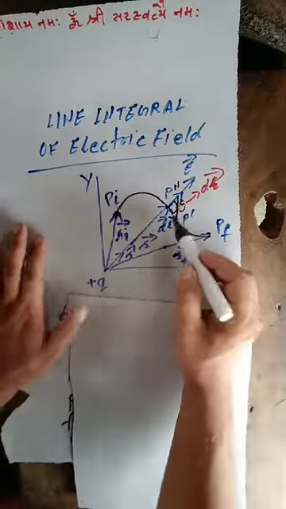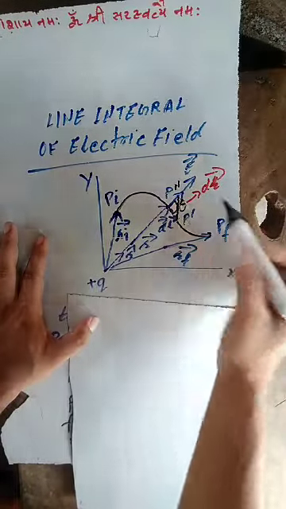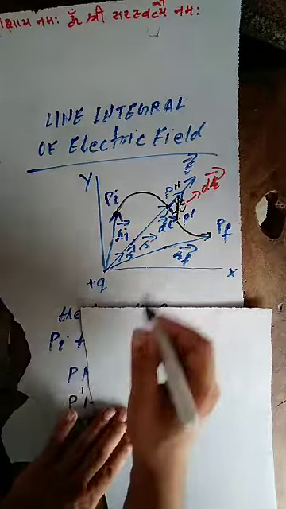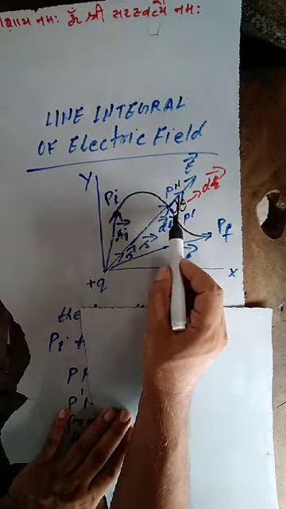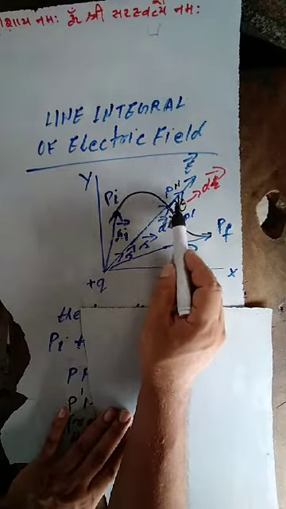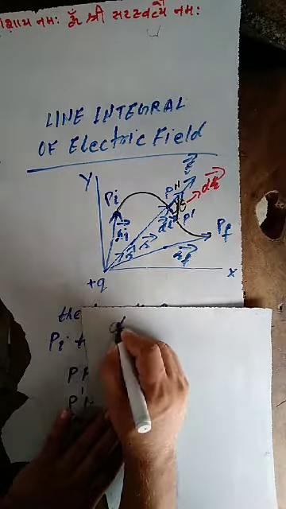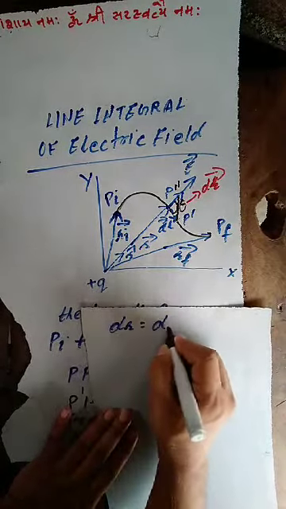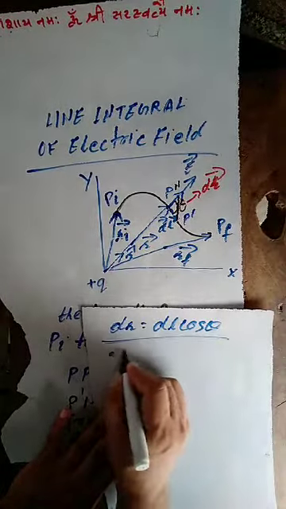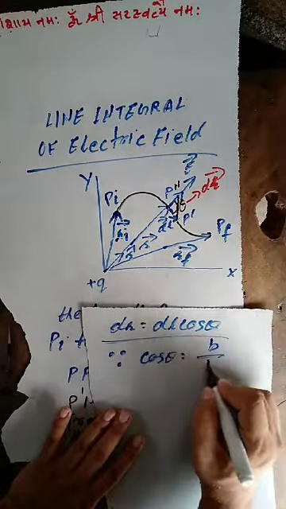See, this is your dl along this, and dr is along this. So dl cos theta is itself a dr. This is your dl, and if you find the component of dl along this r, this will be dr. So dr actually is your dl cos theta. Because what is cos theta? Cos theta is base by hypotenuse.